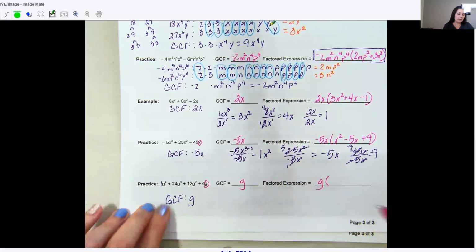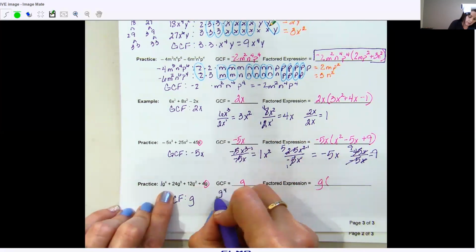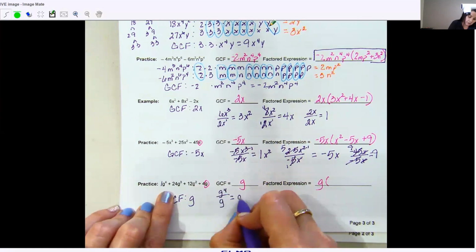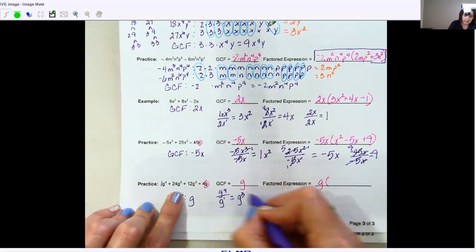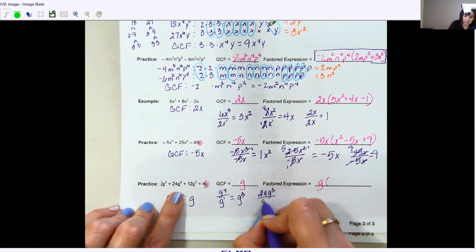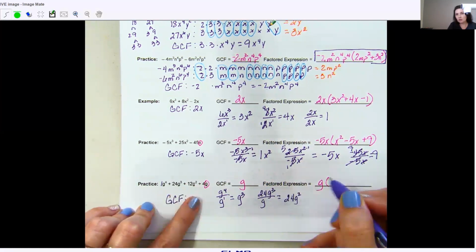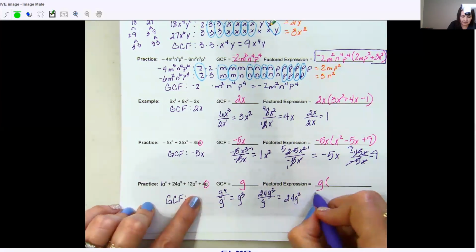Then I take each term, g to the 4th divided by g, and I get g to the 3rd. Remember, you're just subtracting exponents. 24g cubed divided by g is going to give you 24g squared. And now you could probably see the pattern and not even need to do much of this.